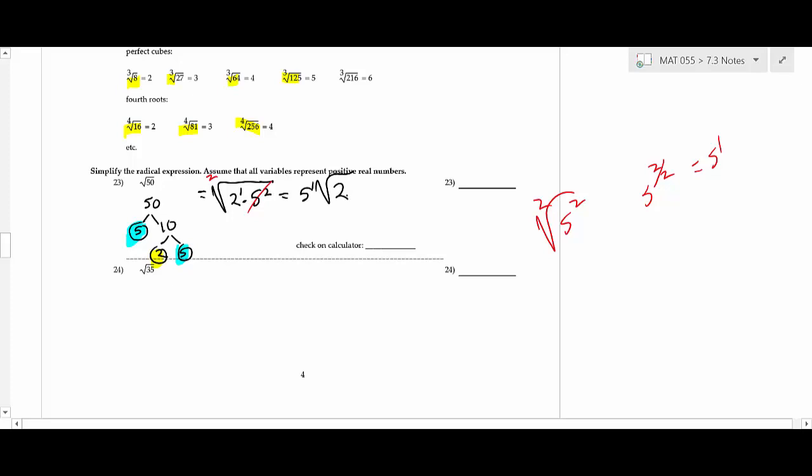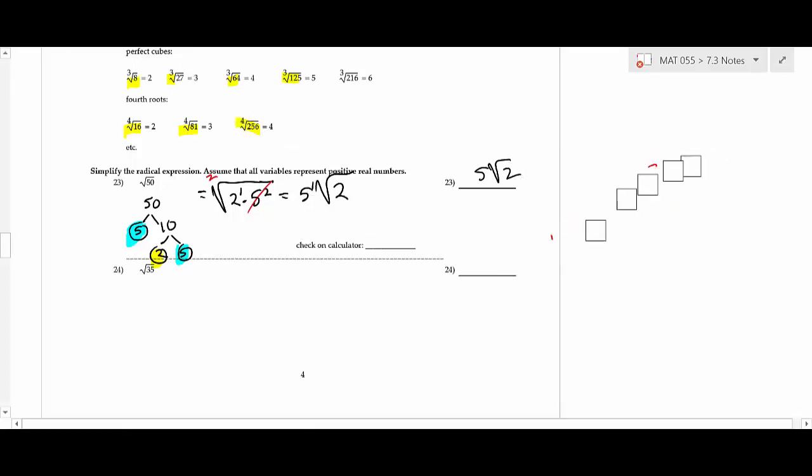The reason I know that's left over is because that exponent is smaller than that, right? That's real key in these problems: whatever you're left with under the radical, that exponent better be less than that. If it isn't, you haven't done it correctly. So the answer to the problem would just be 5 times the square root of 2. Okay, that's how you would simplify that radical.